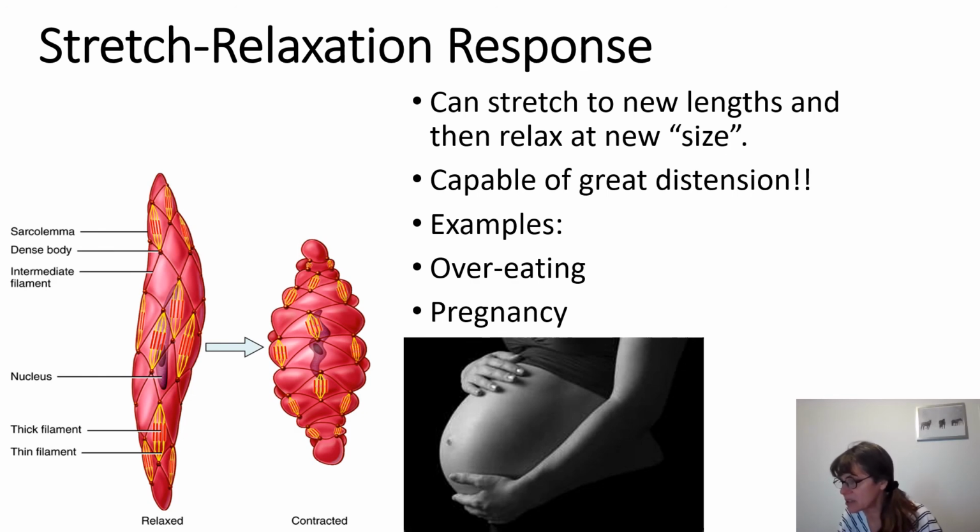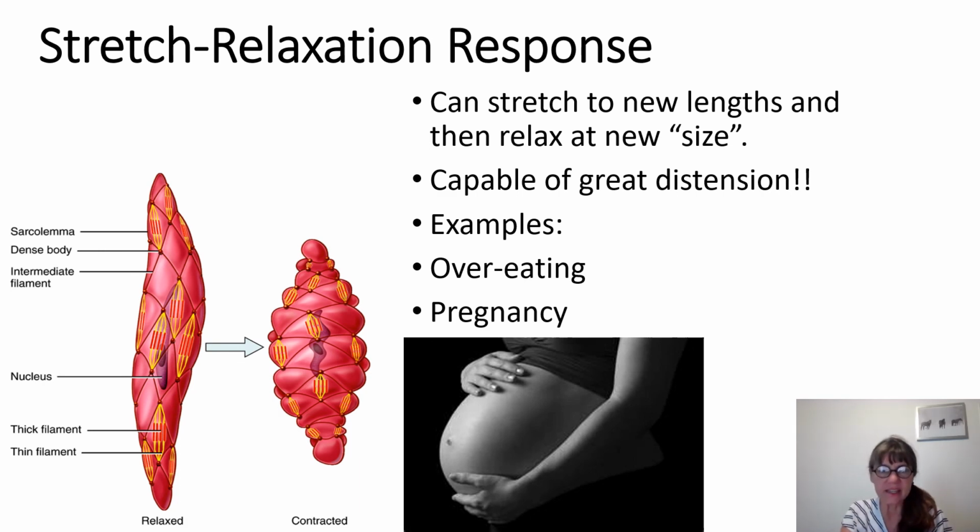So when smooth muscle gets an impulse to contract, there's actually no troponin complex in smooth muscle the way there is in skeletal muscle. Instead, there's a protein called calmodulin that acts as a calcium binding site.